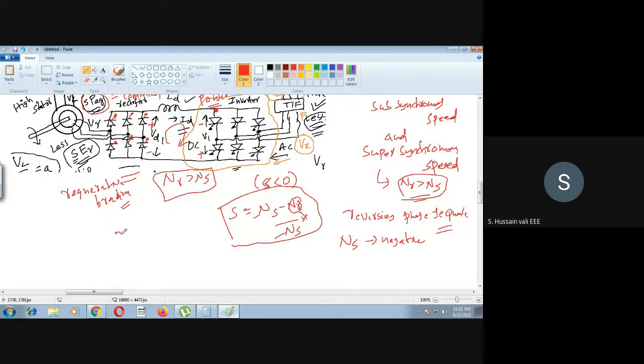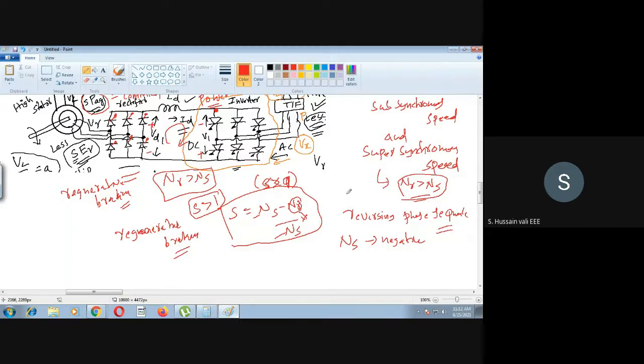If it slows down, you call that regenerative braking. I think in the braking condition it is S greater than 1. I'm sorry, not S less than 0, S greater than 1. This is the condition you will find.